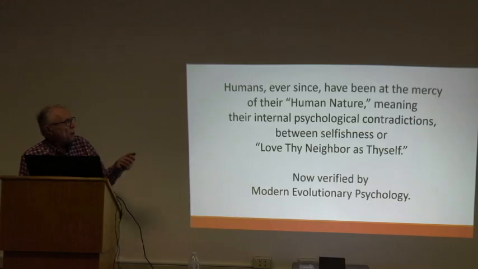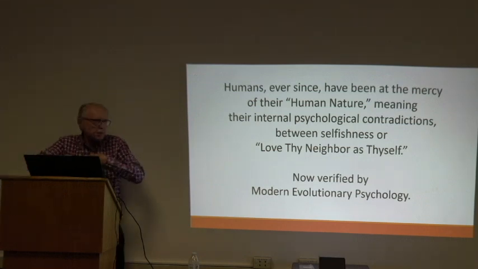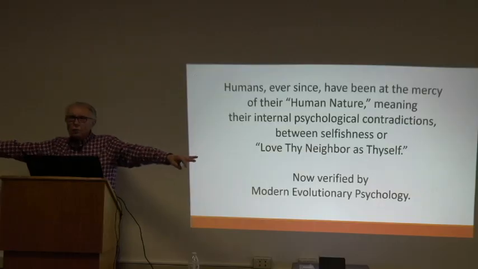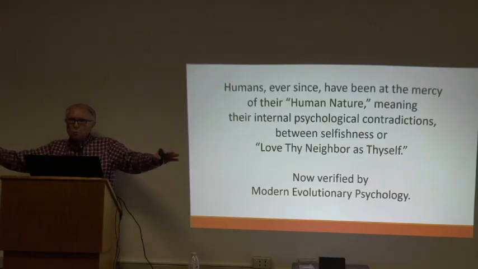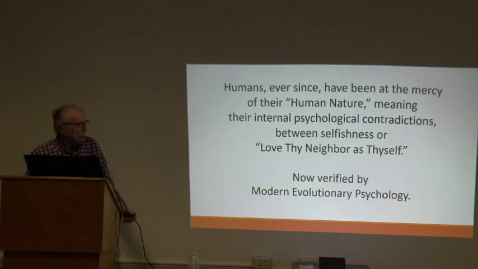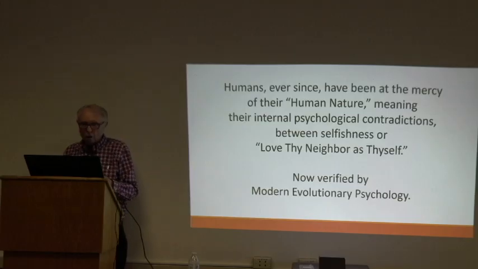Humans ever since have been at the mercy of their human nature, meaning their internal psychological contradictions between selfishness and loving your neighbor as yourself. Selfishness or being cooperative and doing the right thing. And that insight has been verified now by modern evolutionary psychology.